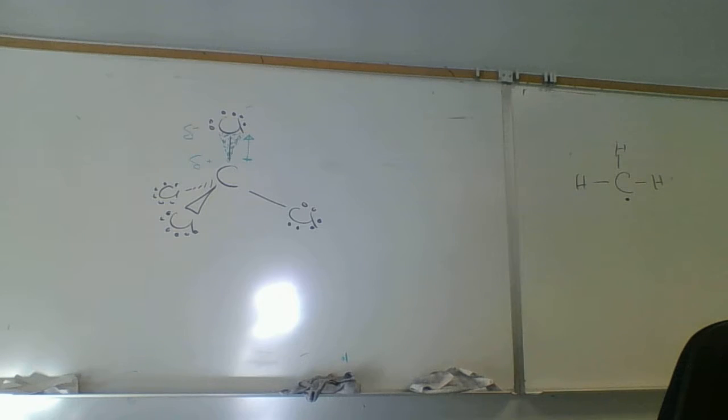How polar is it? Do you expect it to be ionic, polar covalent, or just non-polar covalent? Where do you expect a carbon-chlorine bond to fall? Polar covalent. If it were a metal and a non-metal, then yeah, maybe ionic. But this is two non-metals.